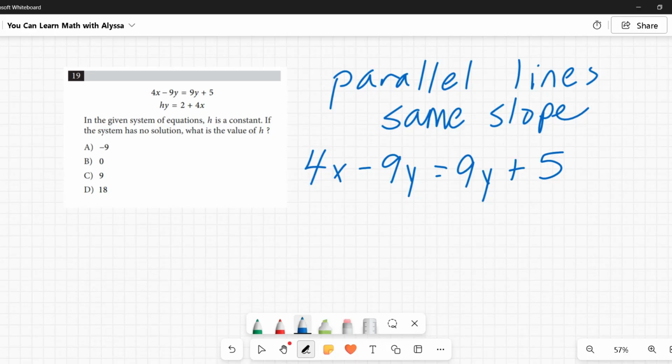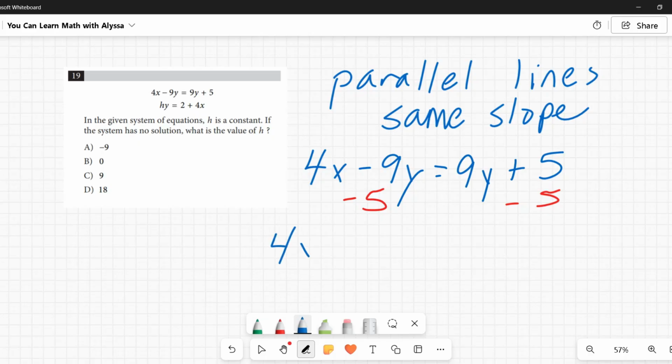And because this is a positive 4x over here, and I want it to stay positive, I am going to move this y over here and move this 5 that way. So first I'm going to move this 5 over, so I'm going to subtract 5 from both sides. It's being added, so I do the opposite, subtract it.